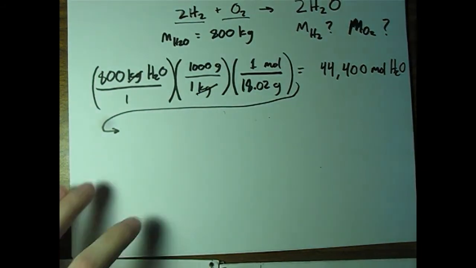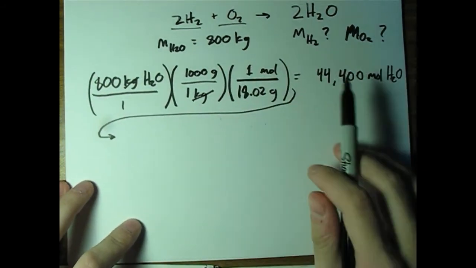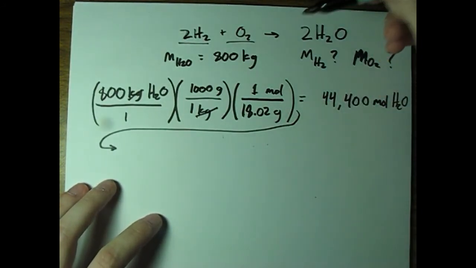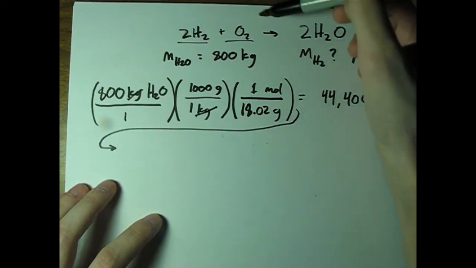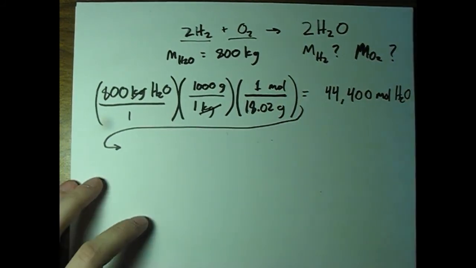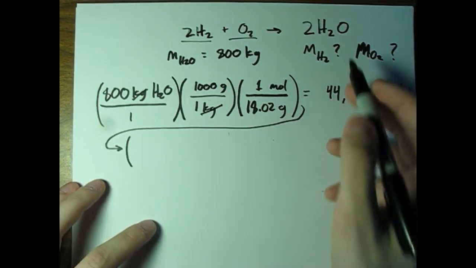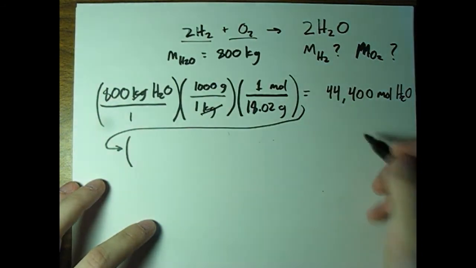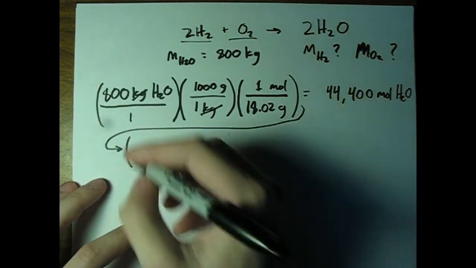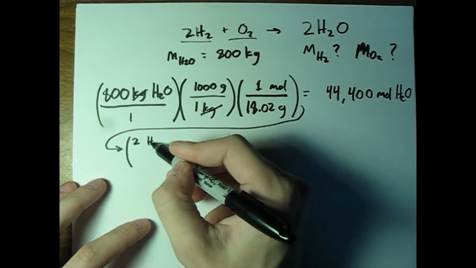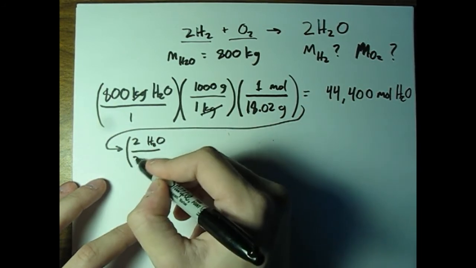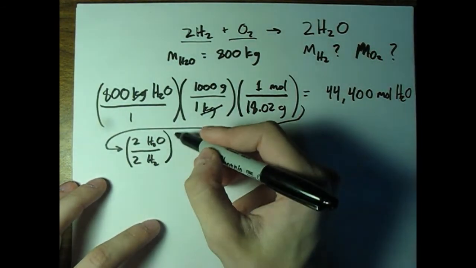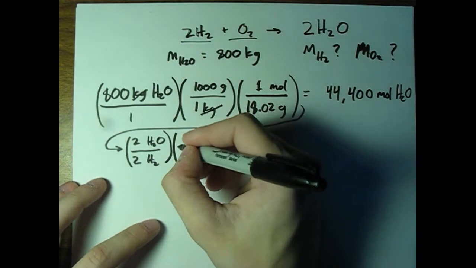Now, at this point, we take this equation and we go 2 directions. We use our stoichiometric ratio for hydrogen and for oxygen. So let's do hydrogen first. We multiply this by 2 moles of H2O for every 2 moles of H2, so really nothing happens, but I'll show it anyway. 2H2O per 2H2, and then convert it to grams again.